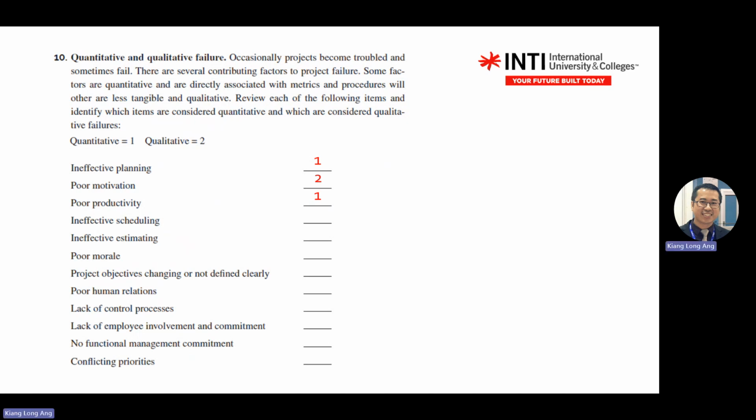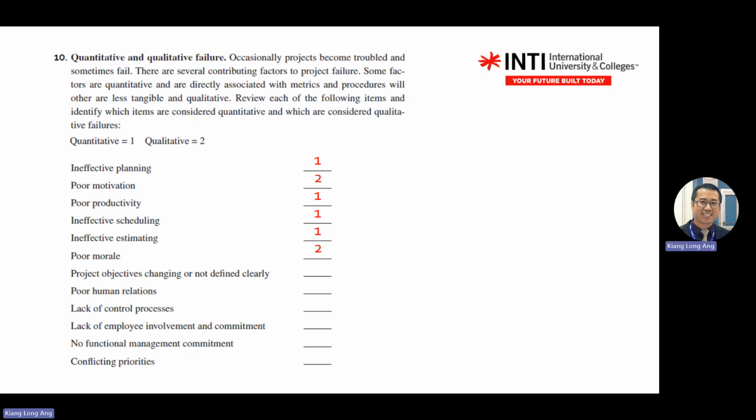So you can count. Ineffective scheduling is also quantitative. Scheduling is time. Time can count. Ineffective estimating, this one also quantitative. Estimating, you want to estimate, right? So there's an equation. You can do projection. You can use statistics. Then it's quantitative. Poor morale, feeling, is qualitative.